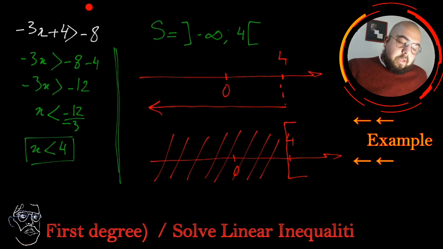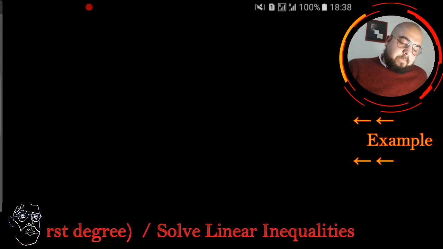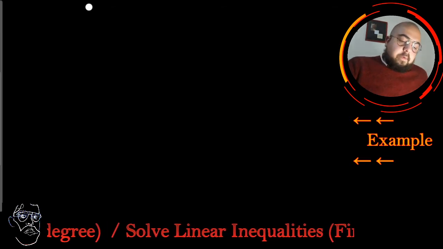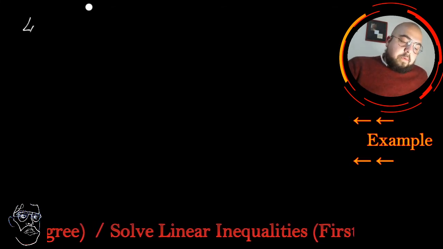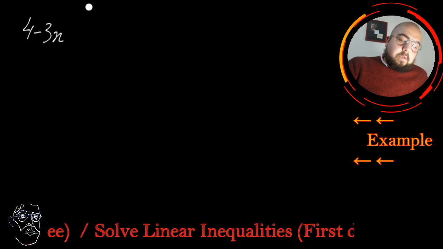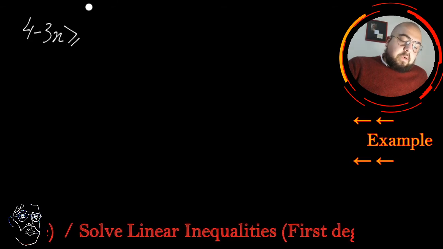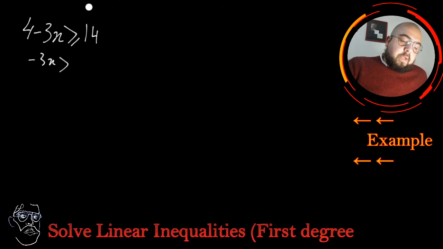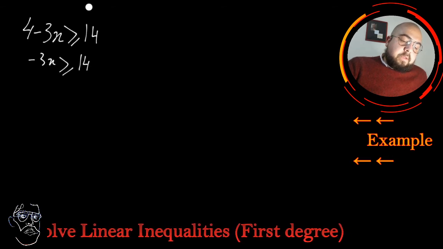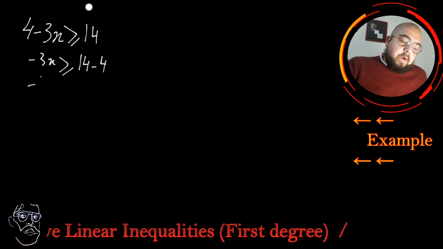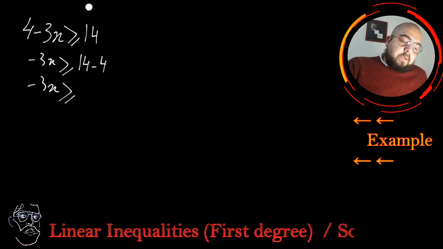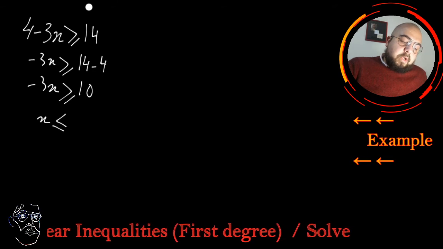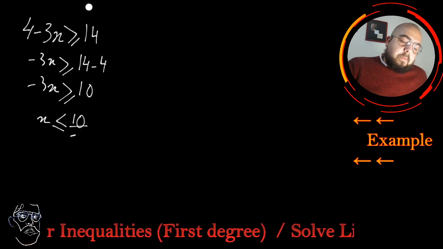What about another example? Let's say we have 4 minus 3x is greater than 14. Minus 3x greater or equal to 14 minus 4, minus 3x greater or equal to 10, x smaller or equal to 10 over minus 3.